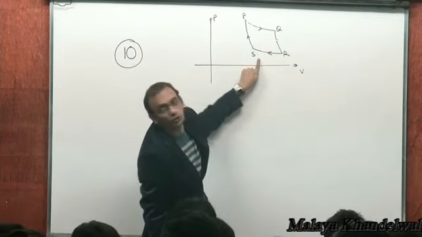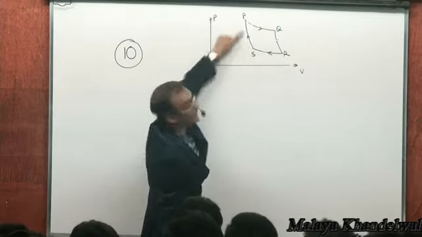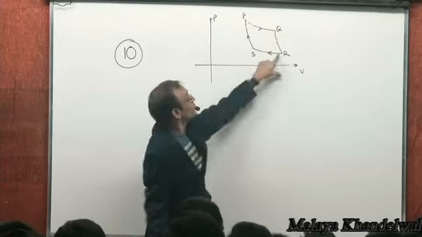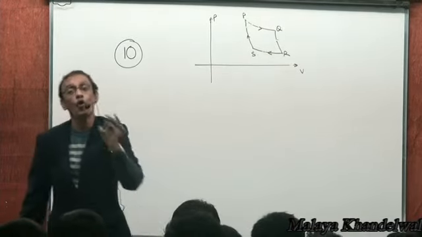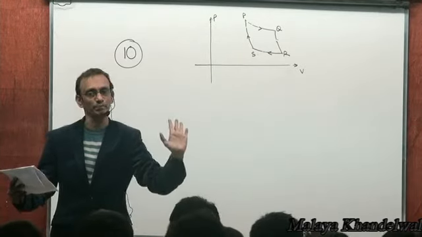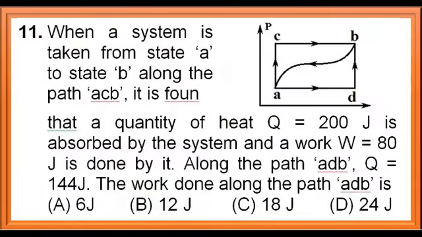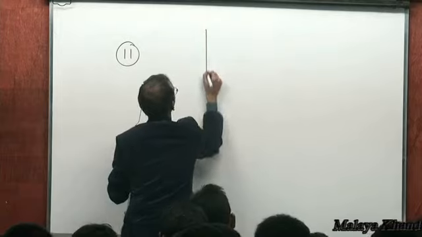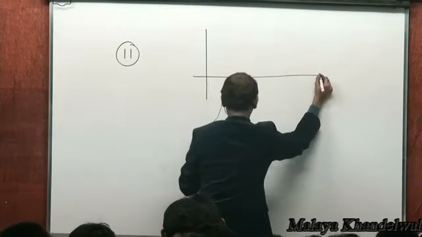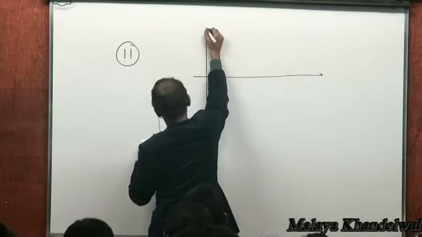From R to S? Negative. From S to P? Negative. So in RS and SP, work done is negative and work is done on the gas. That's the rule of the game. Now, we have the indicator diagram PV.